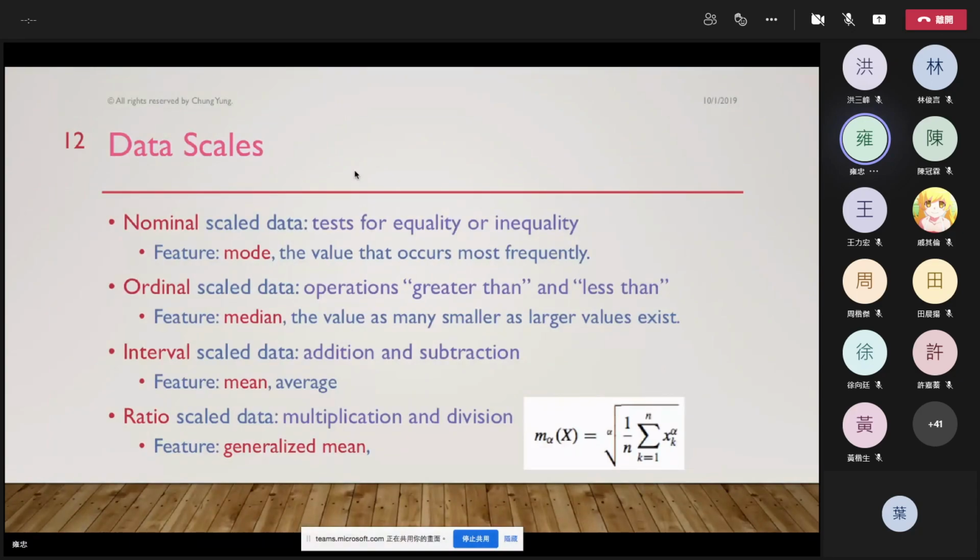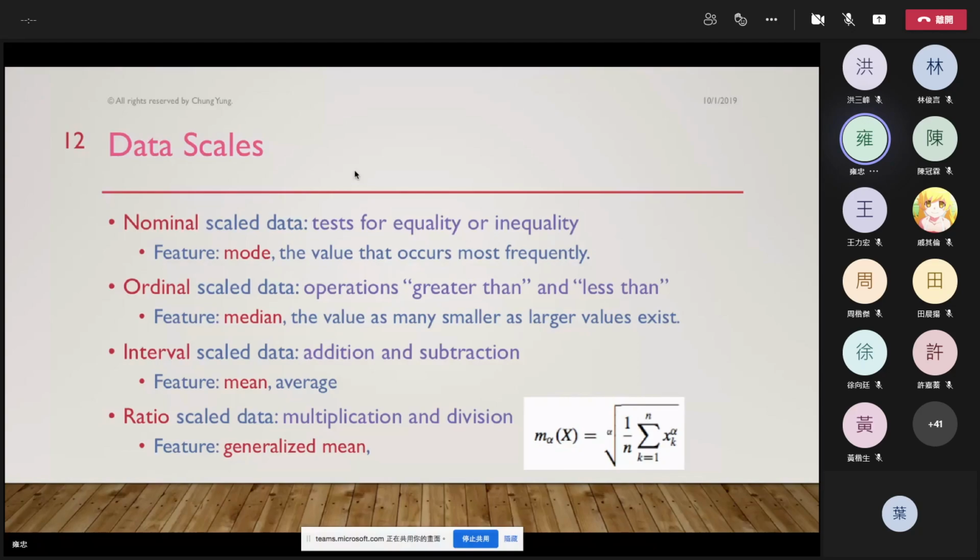If we are going to compute the mean, we need to do addition. We need to add all the data values and divide by the number of data we have. So if we want to compute the mean, it means that the data can be added.